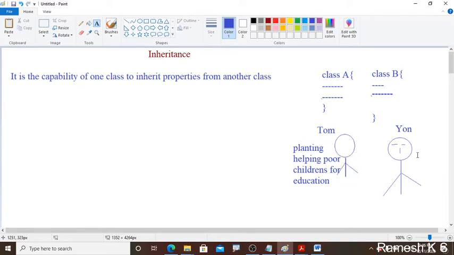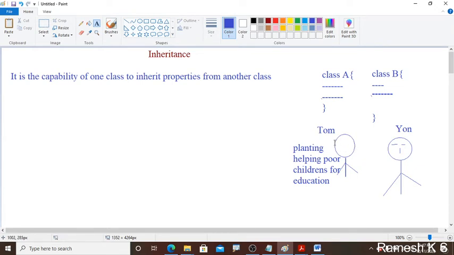Tom celebrates his birthday with the cake along with planting a tree, and also helping poor children for education on his birthday. So Yon does not have a habit of helping poor children for education and also planting a tree.